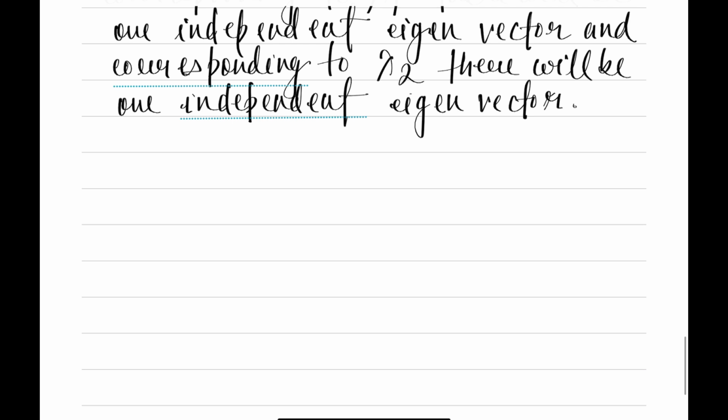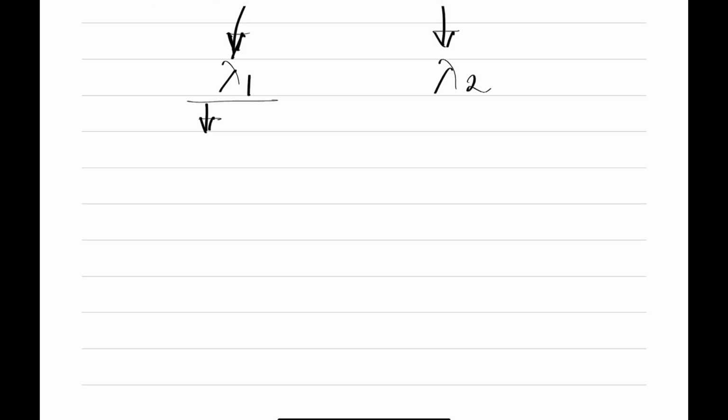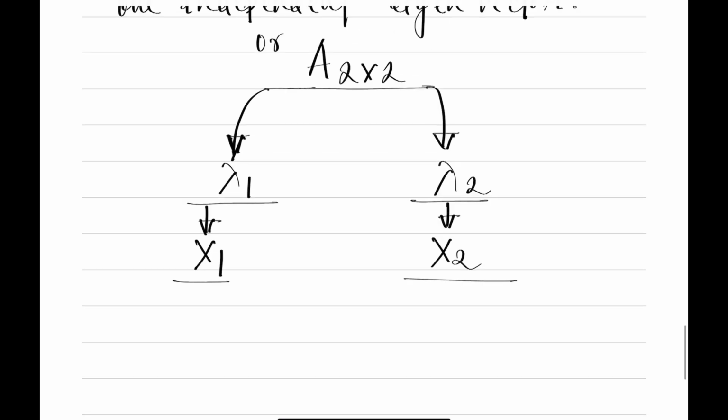Or we can write like A is a 2x2 matrix, where corresponding to lambda 1, we will get a distinct eigenvector, and corresponding to lambda 2, we will get a distinct eigenvector.